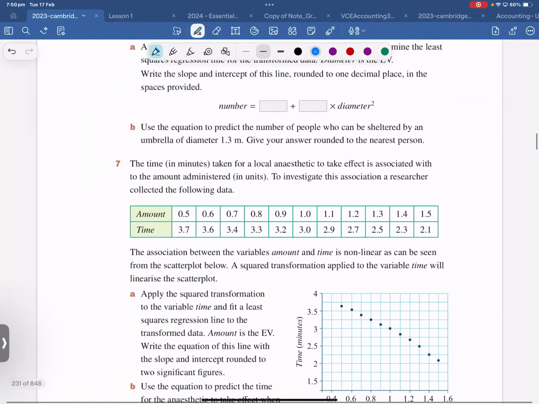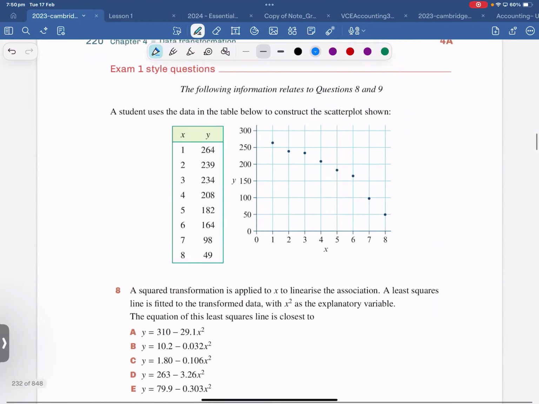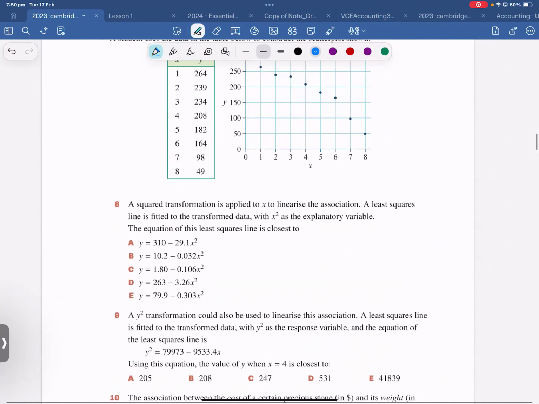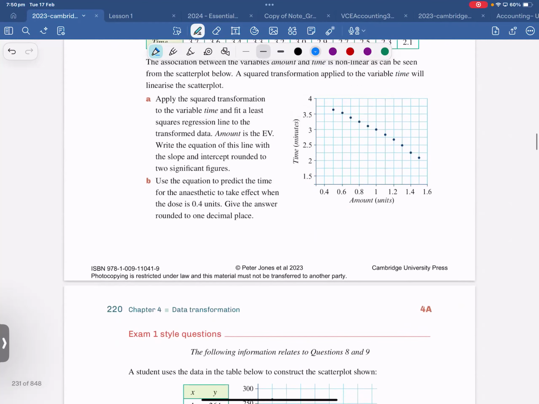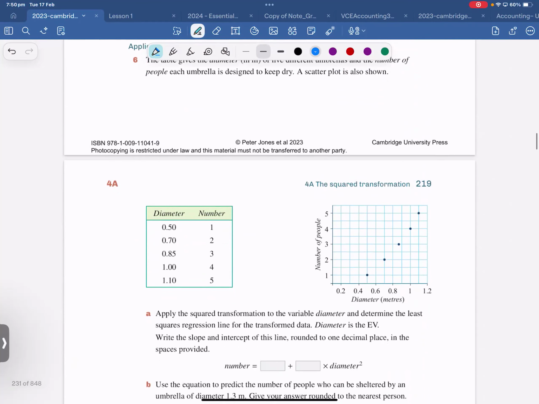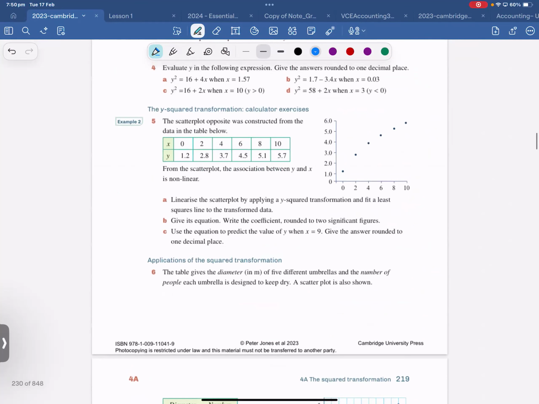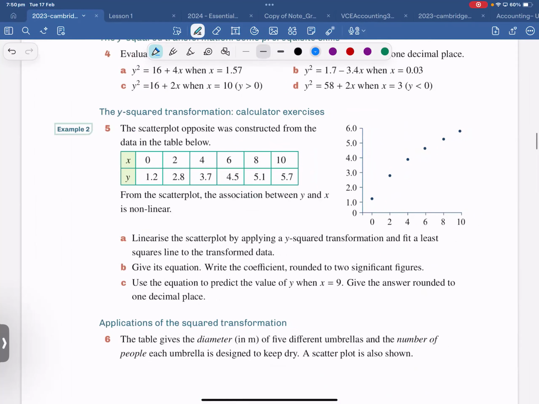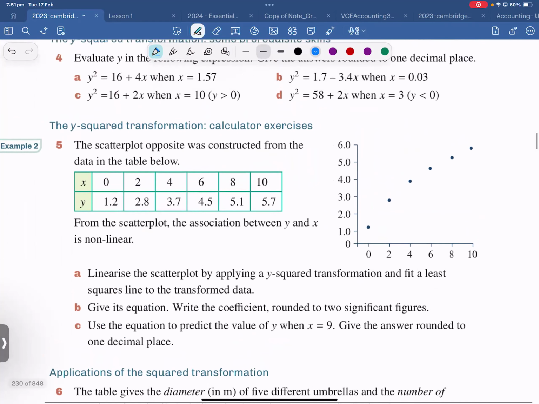Without the CAS, you can't do it. Okay, guys. Do question number 5.